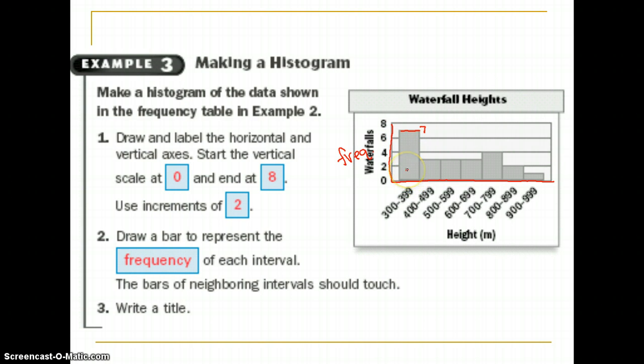What you may notice is that in a histogram, the bars of neighboring intervals should touch. This is a big difference between histograms and bar graphs. Histograms, the bars touch. Bar graphs, they actually do not touch. Make sure that you label your vertical and horizontal axes, as they said, and that you actually put a title, what I'm looking at.